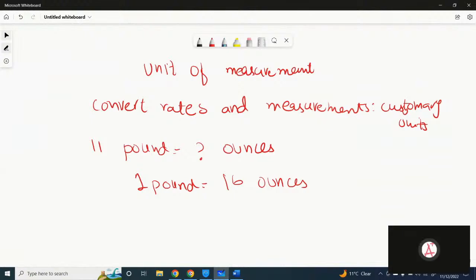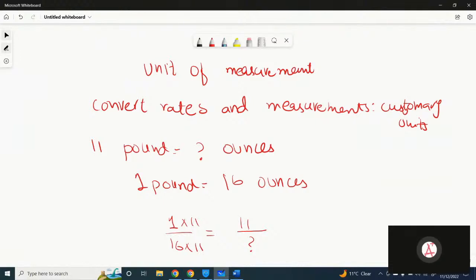Got it? So you have 1 pound over 16 ounces equals 11 pounds over the missing value. You have to do 1 times 11 to make it 11, so you need to do 16 times 11. 11 times 16 is 176.